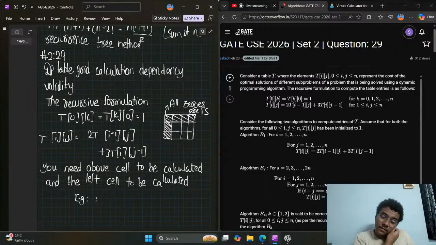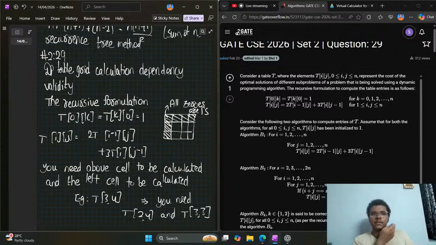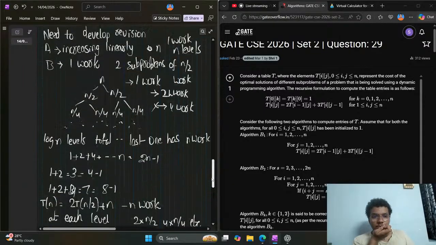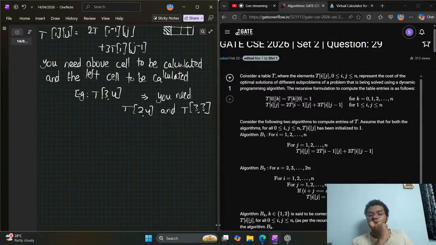Example, T of 3, 4: you need T of 2, 4 and T of 3, 3. Right.